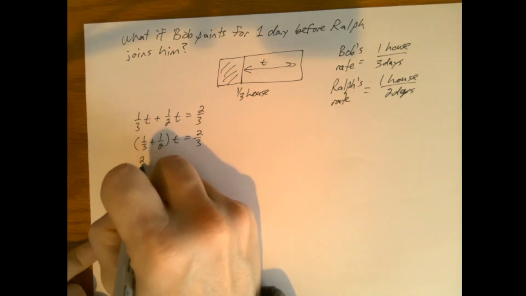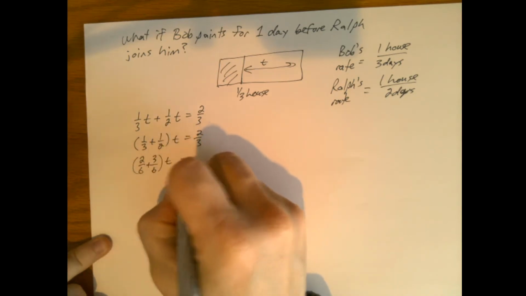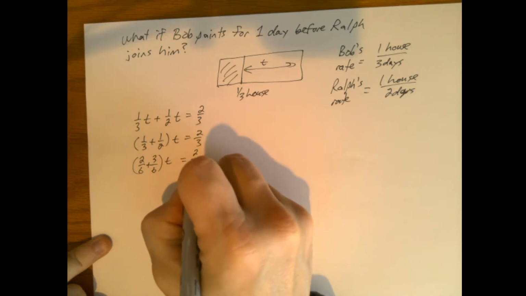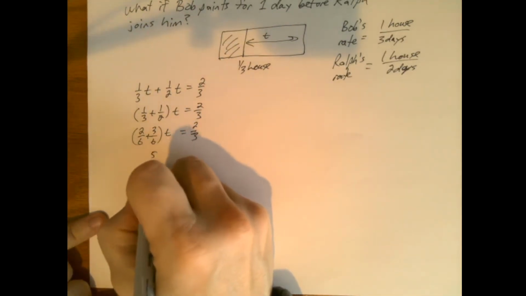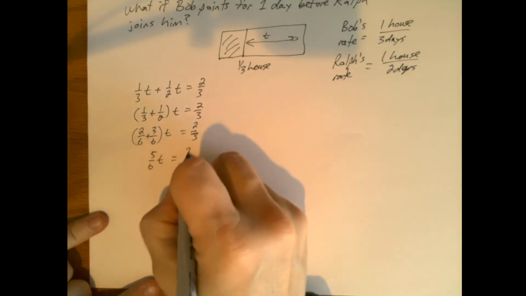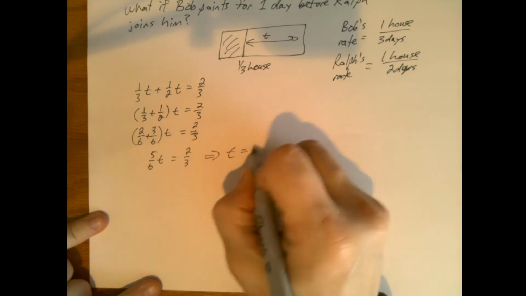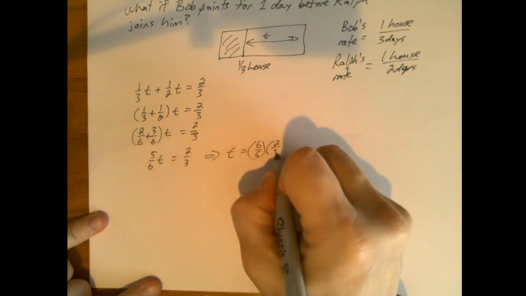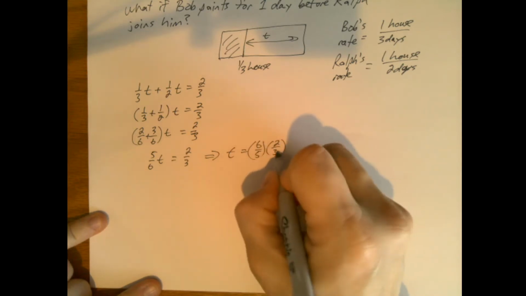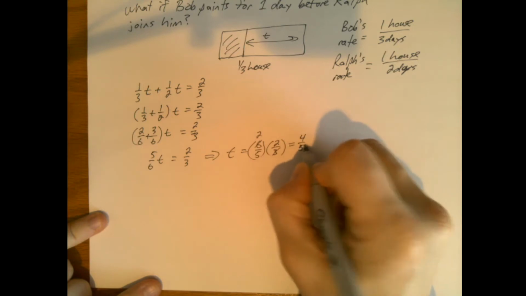This becomes 2/6 plus 3/6 t is equal to 2/3. Five 6 t equals 2/3. And so t is equal to 6/5 of 2/3. By 3 you get 2, which is 4/5 days.